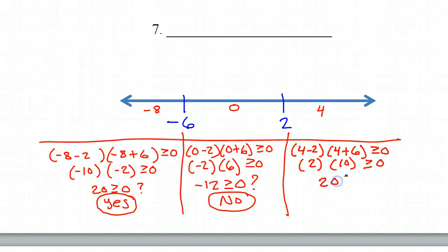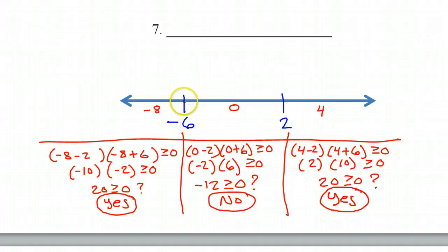That's going to give me 20 greater than or equal to 0, just like before. So that's, again, definitely a yes. So our test values tell us the places where we got a true statement, where you see these yeses, that's where the solutions are. So that tells us we will have solutions in the first area and the third part of the graph, but not in the middle.